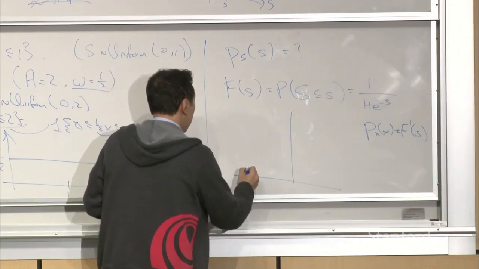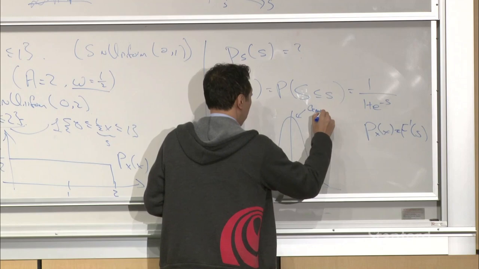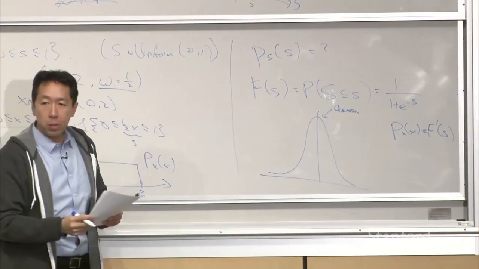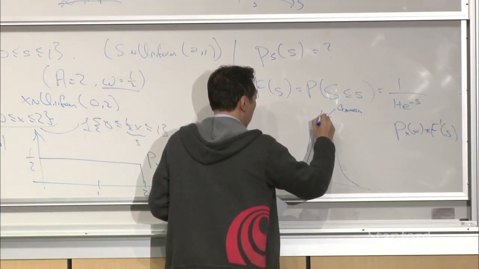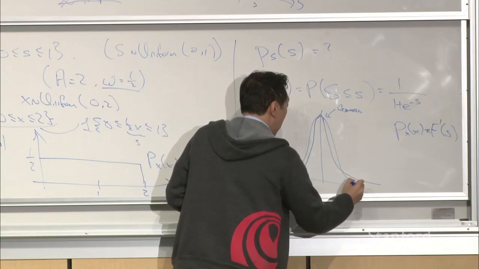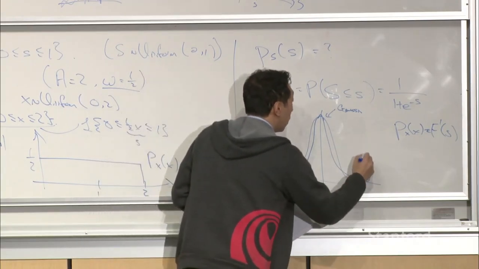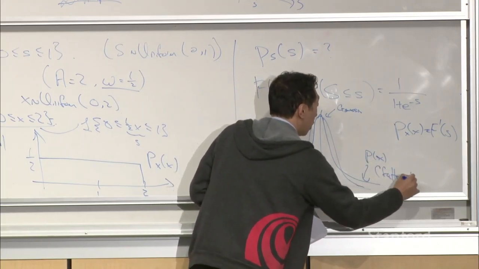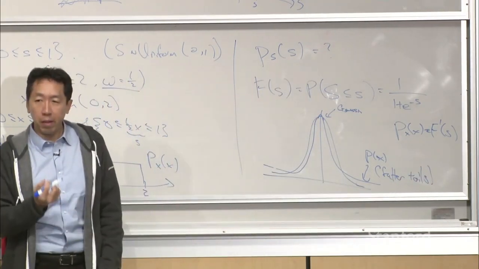It turns out that if this is the Gaussian, then the PDF that this choice induces is something with fatter tails, by which I mean that it goes to 0 more slowly. The Gaussian density goes to 0 very quickly.